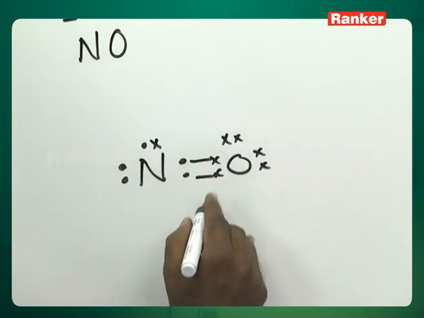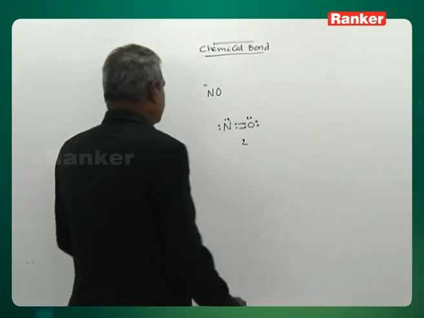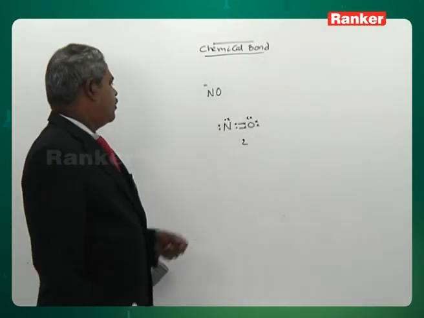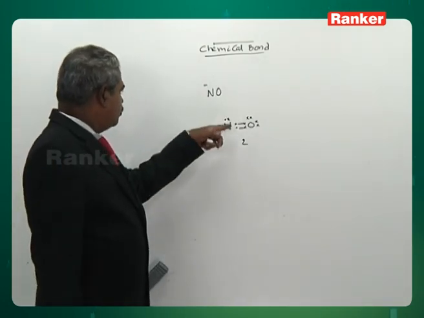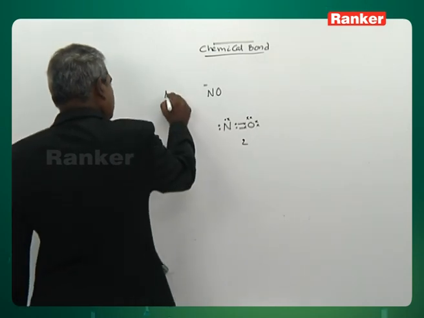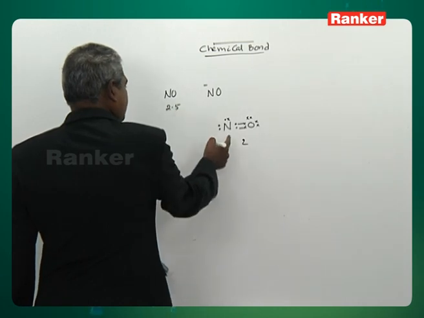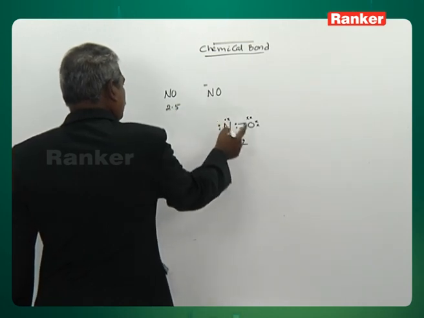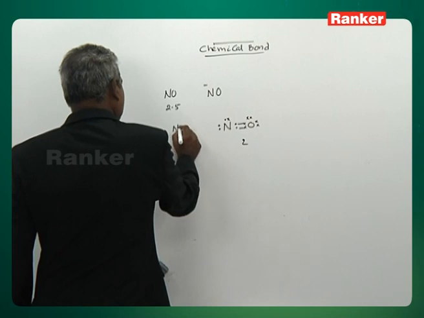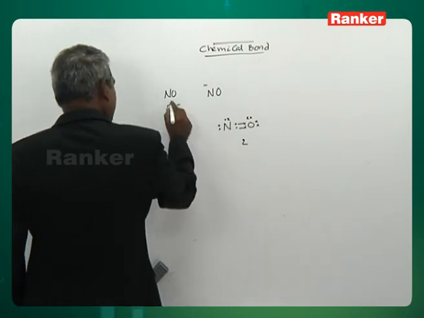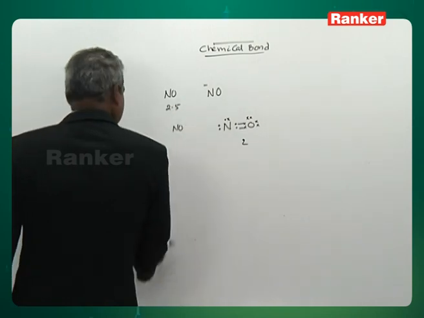So what happened? 2 only. Since there is no vacancy here, the lone pair cannot be donated. So the bond order has become 2. In NO, the unpaired electron participates in bonding, 2.5. In NO plus, when that is not there, the bond order is 3. Therefore NO minus, NO, NO plus bond orders.